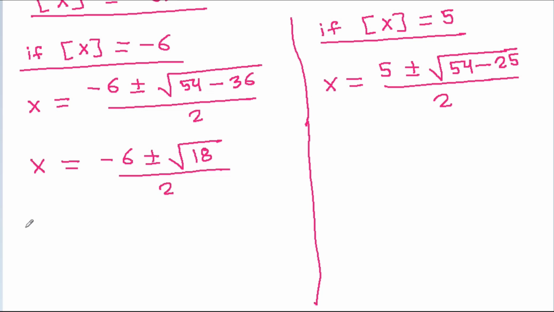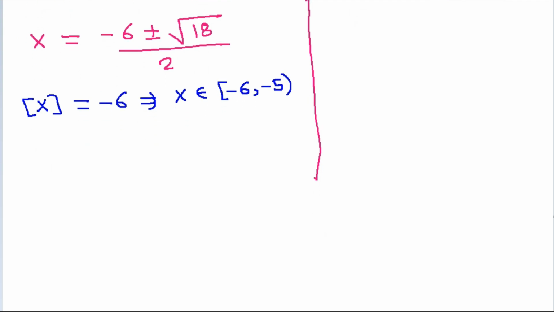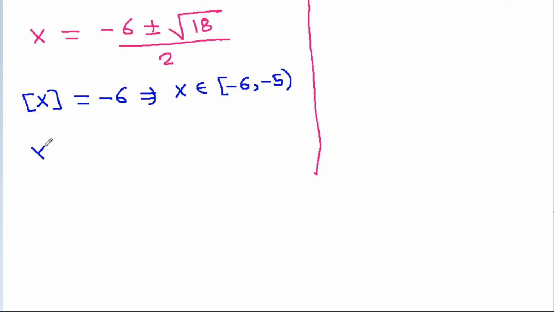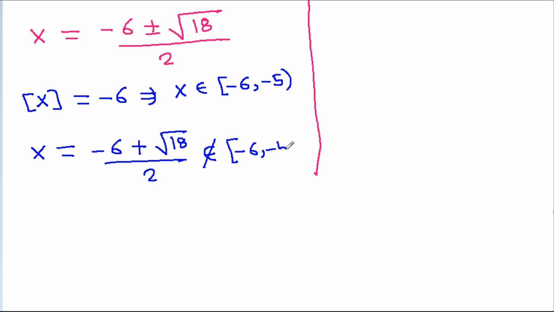We have [x] equal to minus 6. That means x should belong from minus 6 to minus 5. We get x equal to minus 6 plus square root of 18 by 2, and it will not belong from minus 6 to minus 5, so it is not possible.